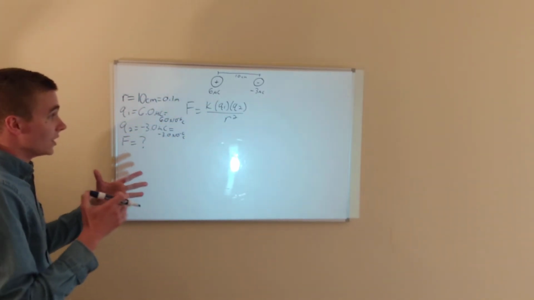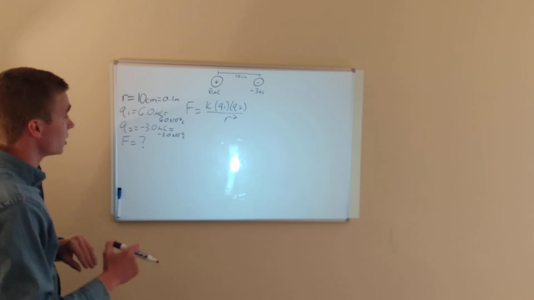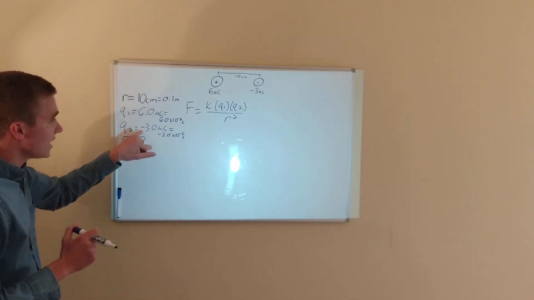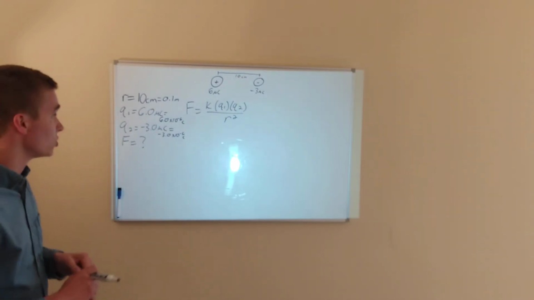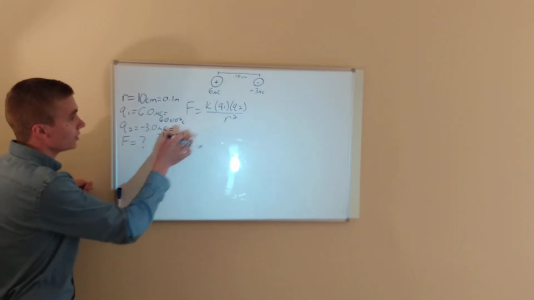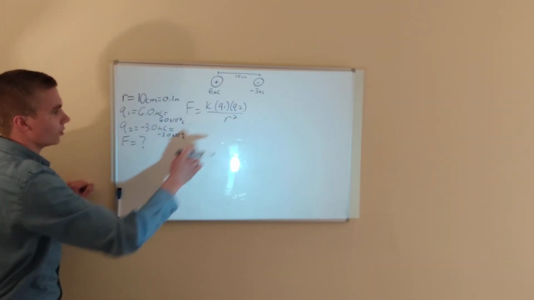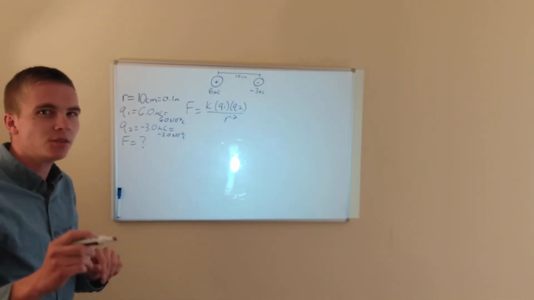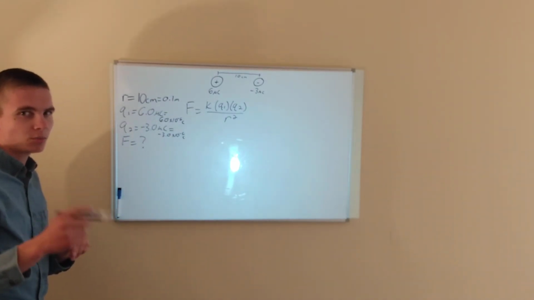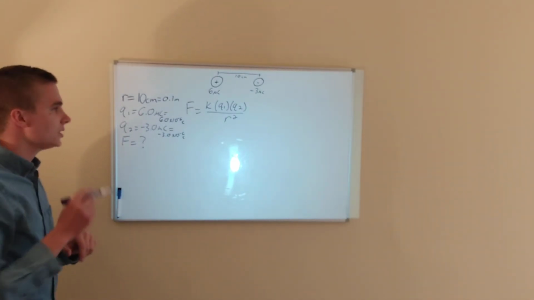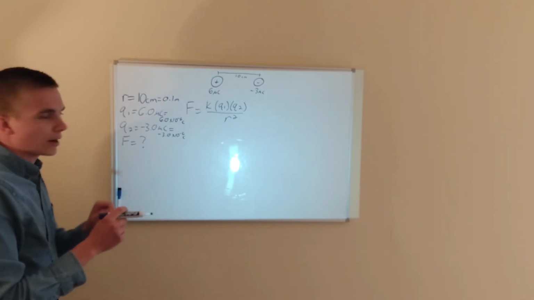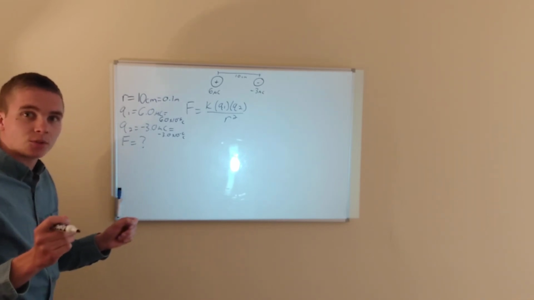Now, the other thing we want to think about, we have a negative value here, and you might be tempted to put that negative value in for Q2. The negative and the positive in any problem only tells us which way the force is between the objects.